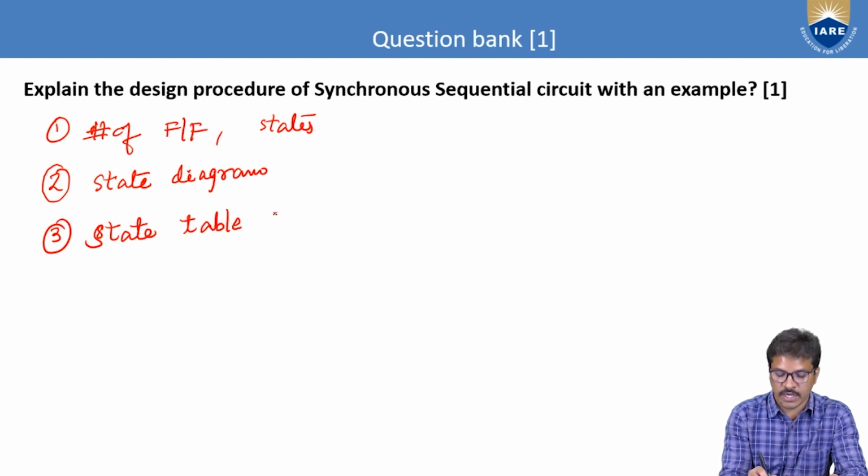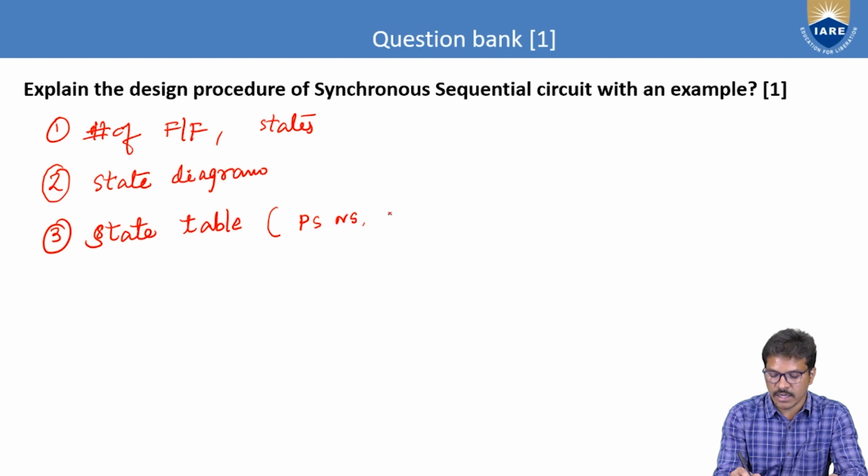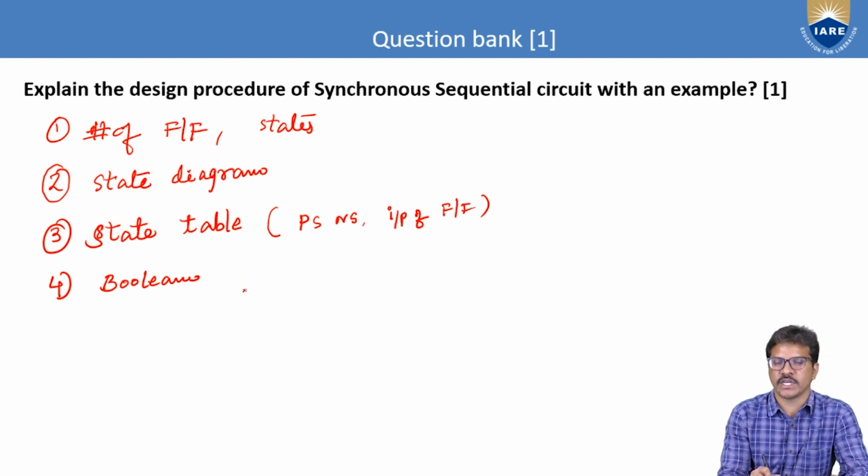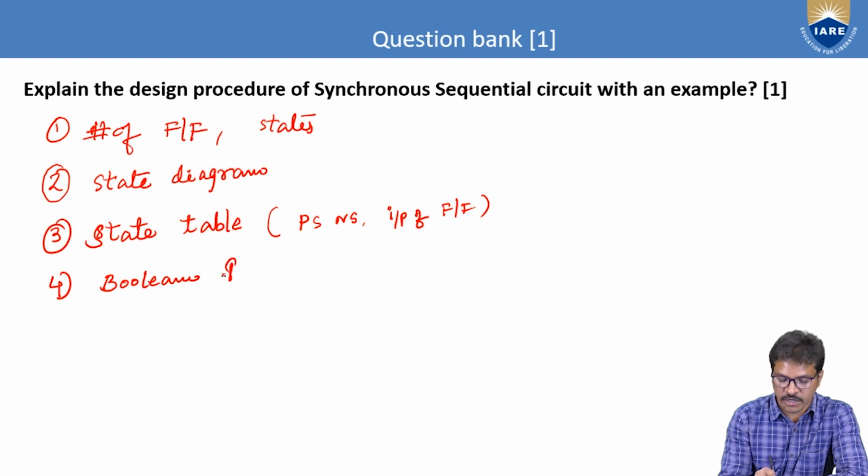The state table is a table of the relationship between present state, next state, and the inputs of the flip-flops, whatever flip-flops we used to design the sequential circuit. Then the Boolean function: for the combinational circuits connected to the flip-flop inputs, we will get the Boolean functions.